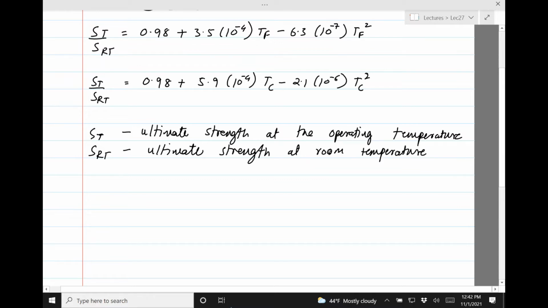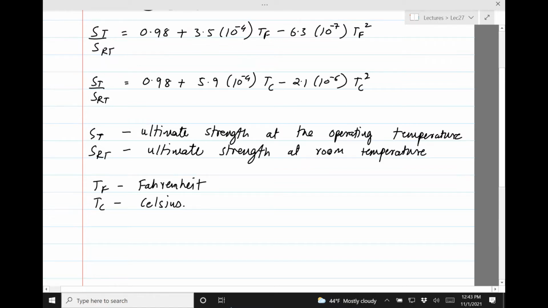So this ratio is clearly telling you how the ultimate strength will change as the temperature of the environment changes. TF is in Fahrenheit, TC is in Celsius.